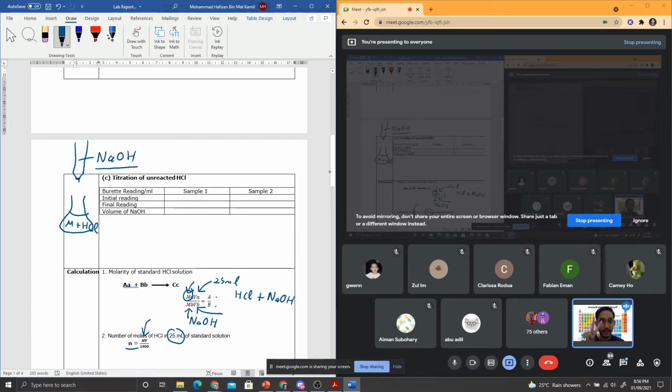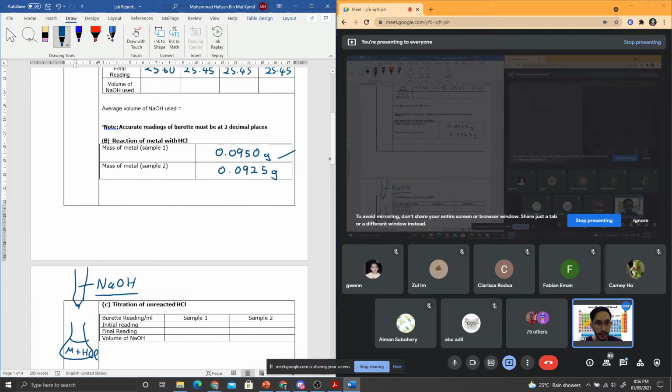So we do it twice. Remember, twice. So there is no need to calculate an average because we do this titration twice. One for sample 1 with its weight, and the second time we titrate again with the weight of this.